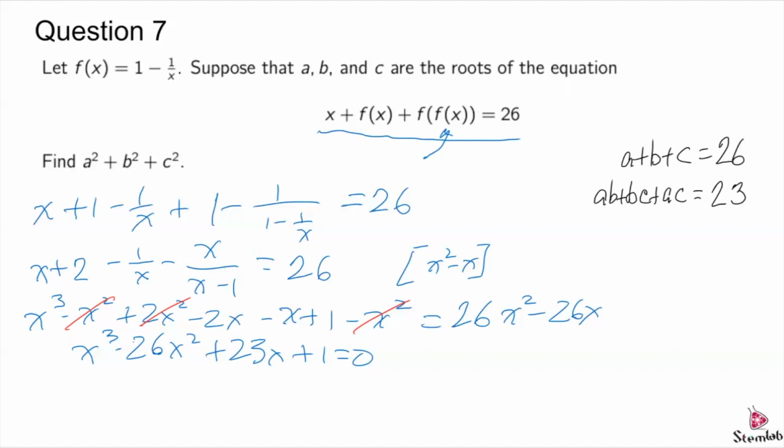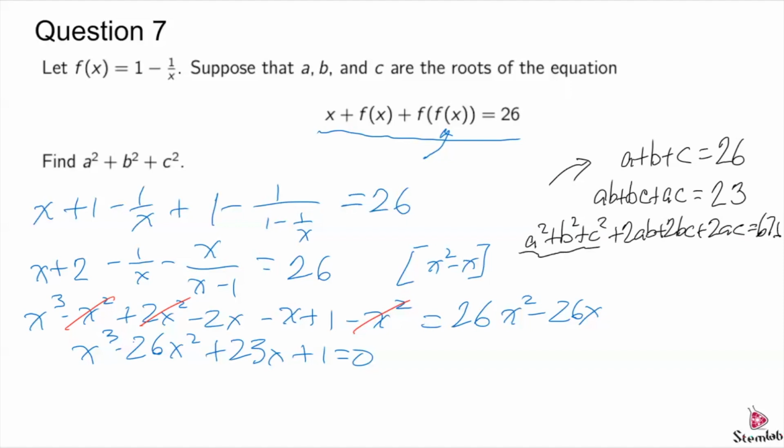So if we're looking for a squared plus b squared plus c squared, we can try to square that and see what we find. Squaring that gives us a squared plus b squared plus c squared plus 2ab plus 2bc plus 2ac equals 26 squared, which is 676. So this is what we're looking for, right?